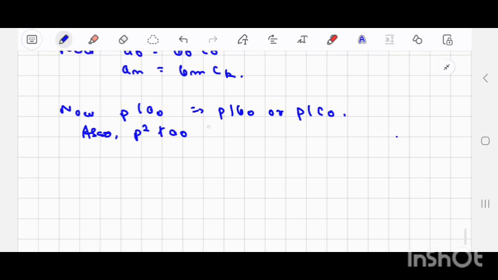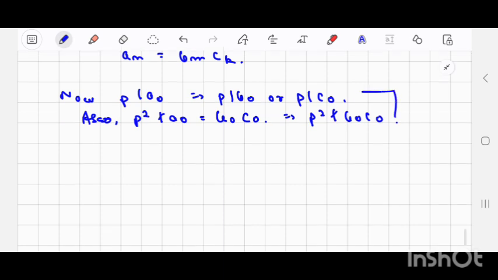P squared is not a prime, I'm extremely sorry. I wanted to say that a0 equals b0 times c0. What I actually wanted to write is that p squared does not divide b0c0. But p divides one of them, and p squared does not divide their product. Now if p had divided both b0 and c0, then p squared would have divided b0 times c0. That's quite an easy observation.